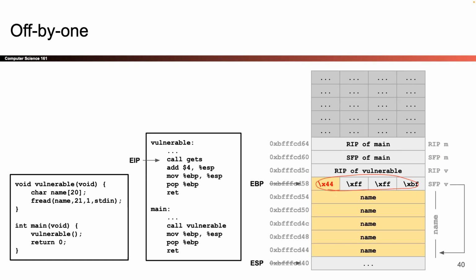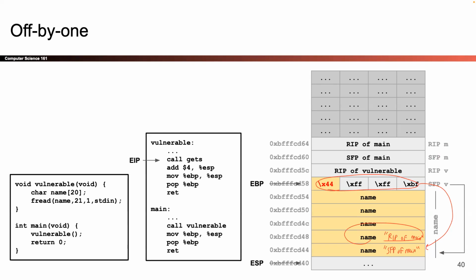If I follow that address, I will find the SFP of the previous stack frame, because that's what SFPs always point at. They always point at the SFP of the previous stack frame. And hey, if you want the RIP of the previous stack frame, just look 4 bytes above. So if you want the RIP of the previous stack frame, just look right there. That's the RIP of your previous stack frame. We've confused the program. It's giving us this wrong answer instead of the right answer.